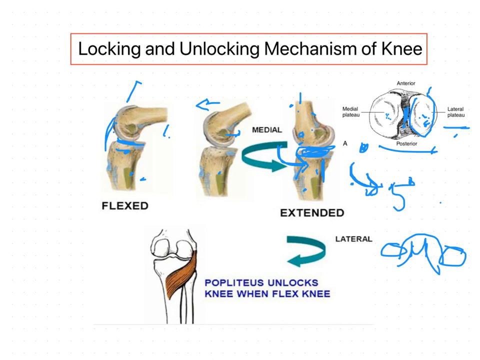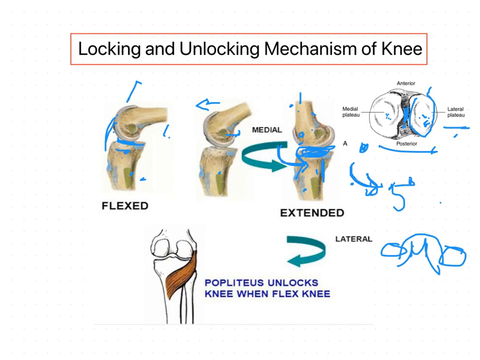Afterwards the lateral condyle will not have any gliding and rolling movement, and the remaining rolling and gliding is taken by the larger medial condyle, which helps in further extension. So at the terminal stages of the extension, all the ligaments become taut.